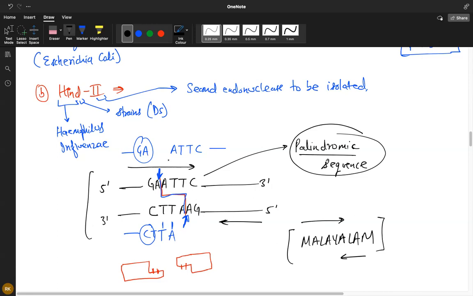And the important thing is, if you have not written it, just note it down: these restriction endonucleases recognize one or the other palindromic sequence where they create a cut. Now the question is, why choose a palindromic sequence to create a cut? What is the benefit? The answer lies here. Can you explain this?